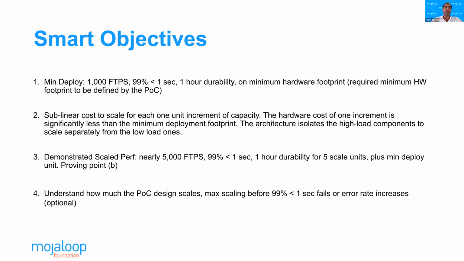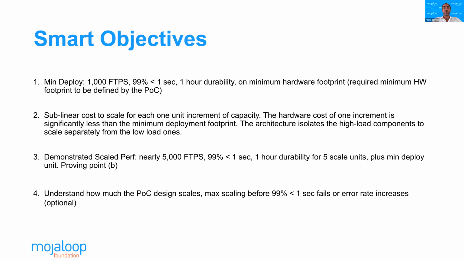Obviously, there's going to be a point, which we haven't found out, by the way, where this horizontal scalability reaches its limit. So the objective number two is to understand if we can create this design that lends itself to this horizontal scalability, where we increase cost in a small step to increase the performance.